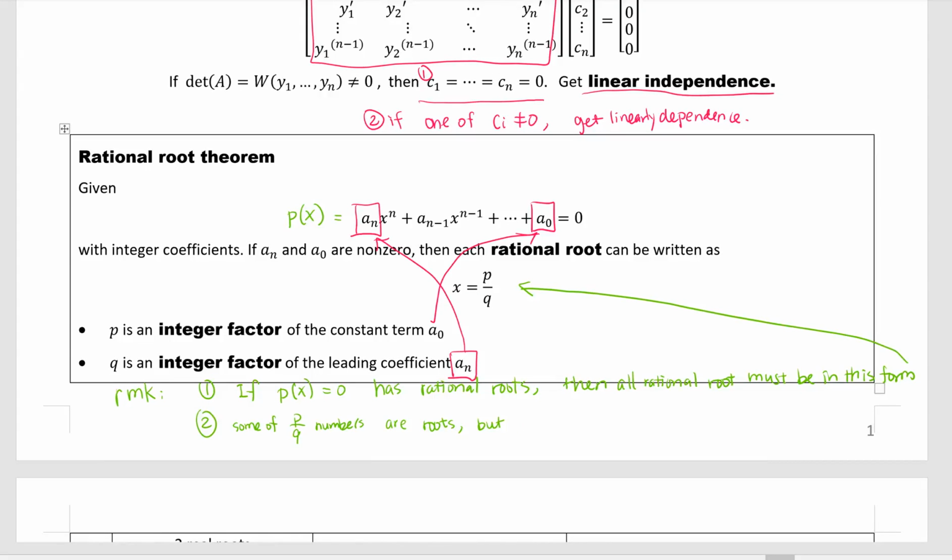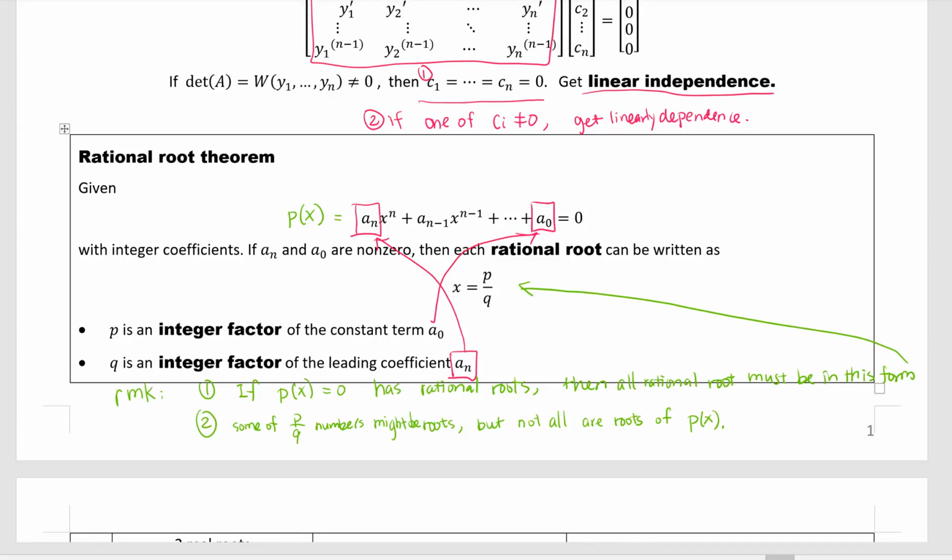Not all the numbers of this form are roots of the polynomial. Maybe none of them are roots, that's also possible. So maybe I should say some of the numbers might be roots, but not all of them are roots of p of x.